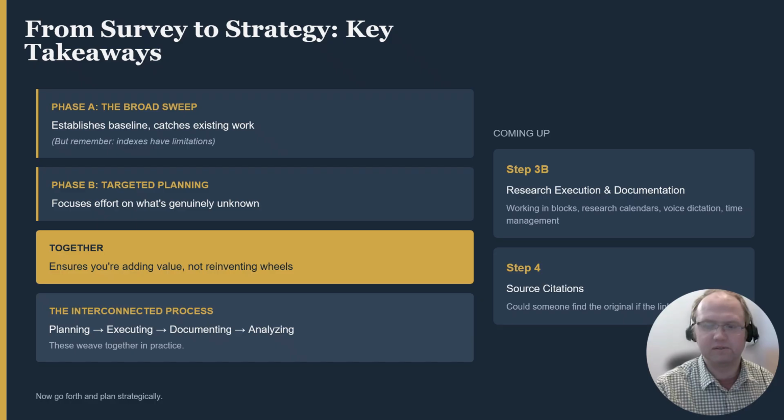So bridging forward, a recap. Phase A establishes a baseline and catches existing work. Remember, an index-only search has severe limitations. You should look beyond single entries whenever possible. Phase B uses 5 components to focus on what's genuinely unknown. Objectives provide guides to your research.